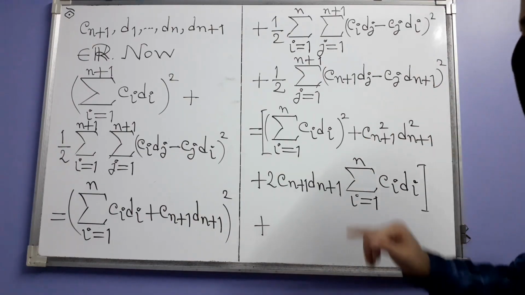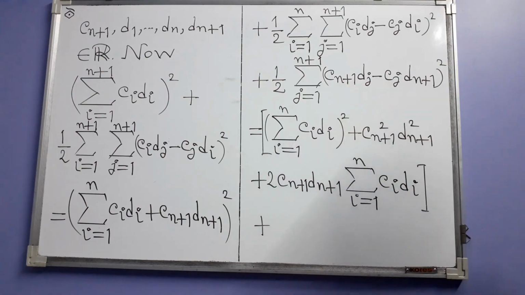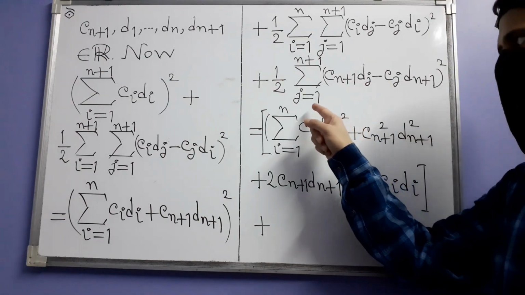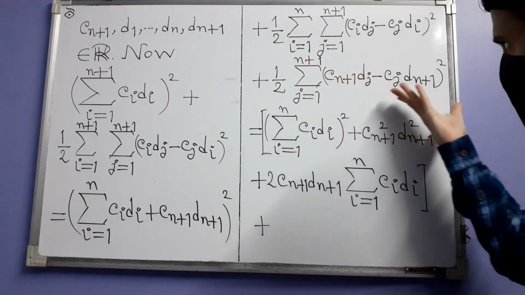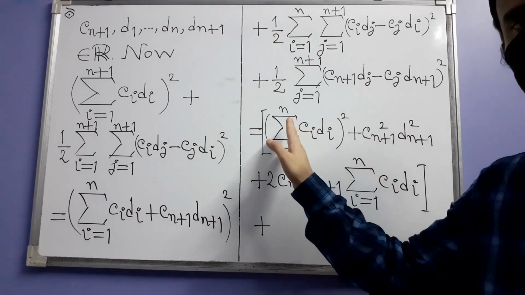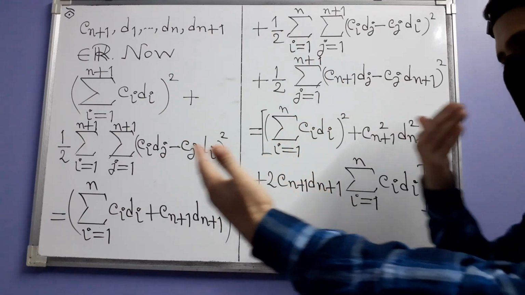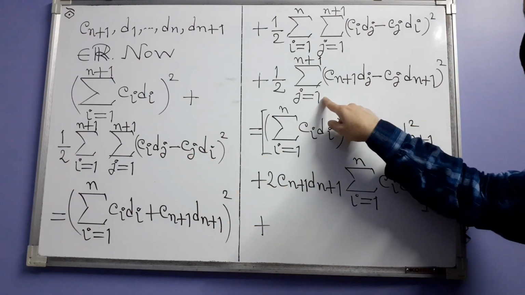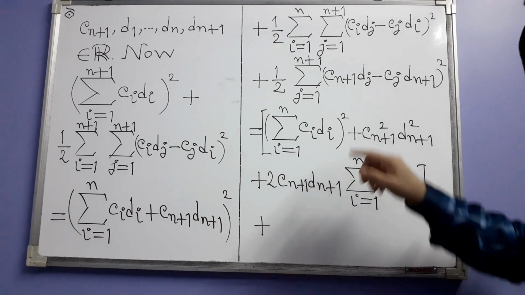That is one thing. And you carefully note this sum. What will happen if you put j equal to n+1 here? That means what happens to the last term of this sum if we write the sum out by first putting j equal to 1 and then j equal to 2, going like that.